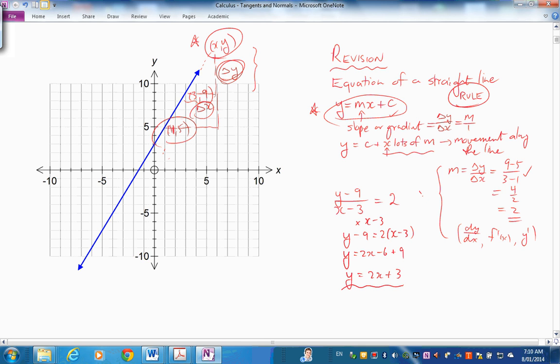Now this method is much better if you have nasty fractions for points and things like that, or pronumerals if you're working with an unknown point of contact, which we will be later on. This is the preferred method. So I think this is preferable. Use y equals mx plus c if you actually know the y-intercept, which generally we won't.